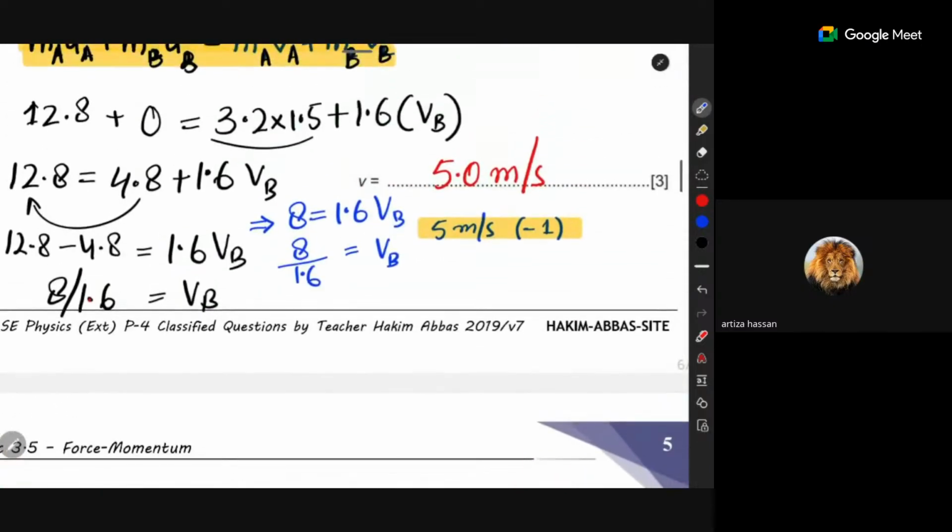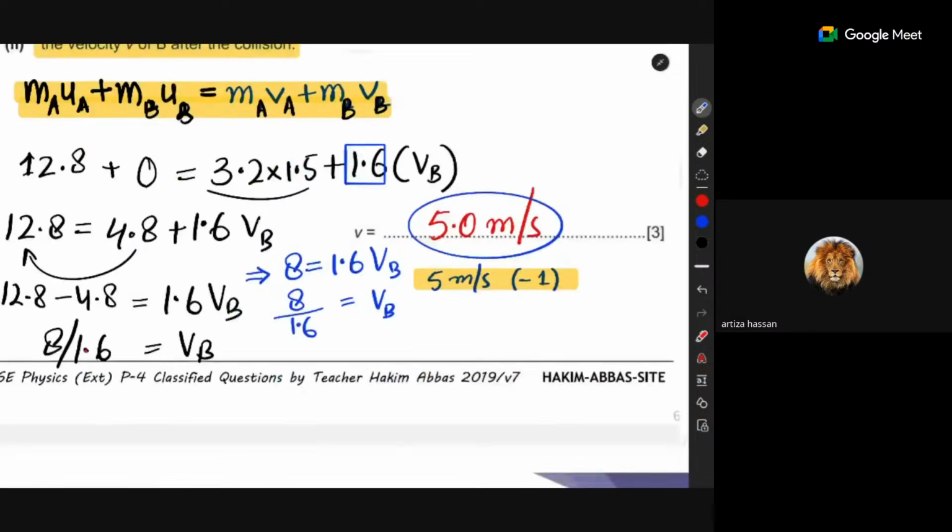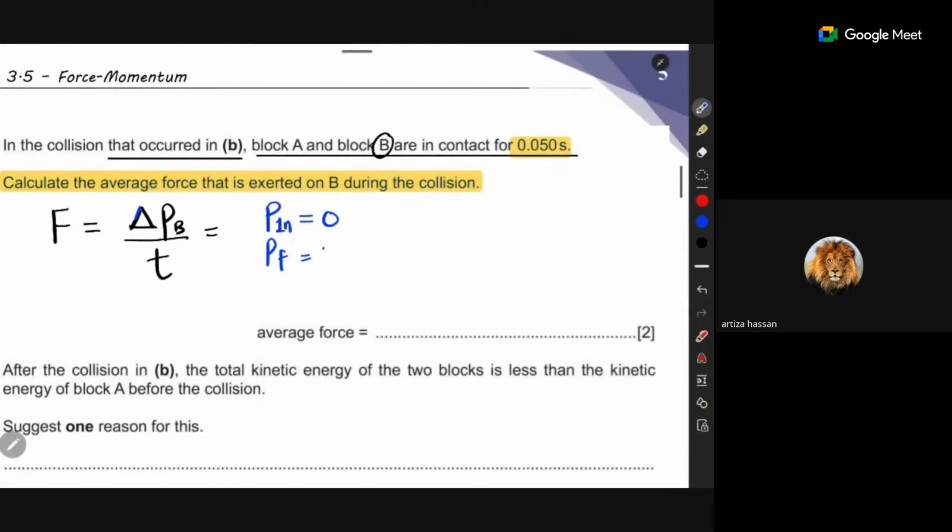No, no, no. Its velocity into its mass. Okay, so what is the momentum of block B after the collision?